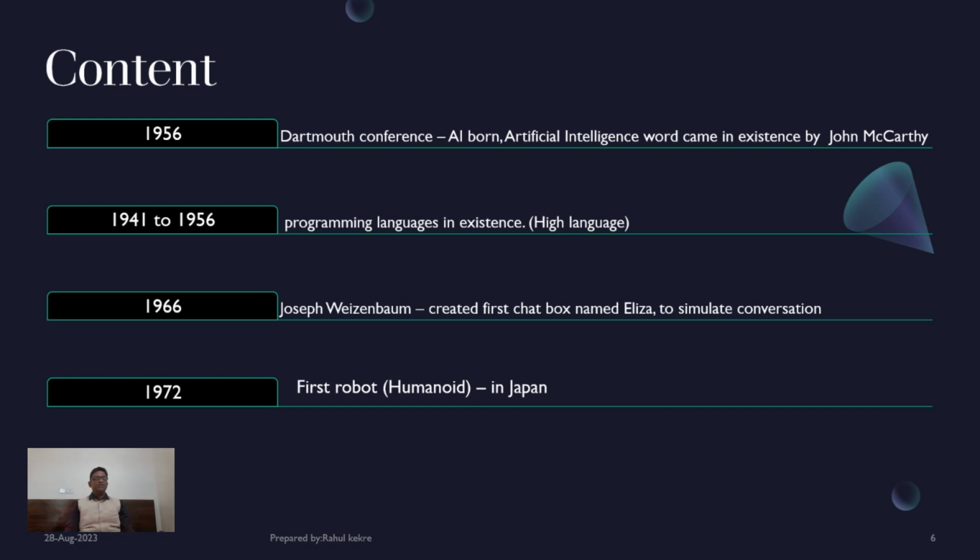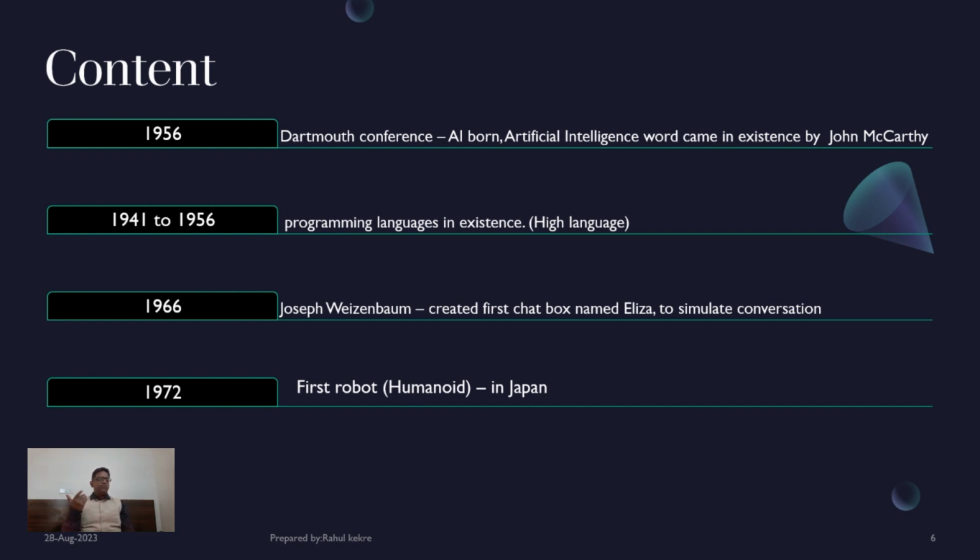I'm sorry for the pronunciation, but any principle or concept on which we are working, or any product or object, must be given a meaningful name. It's very important to follow the naming convention, and that's how the term artificial intelligence came into existence for all the efforts going on in the background by so many scientists. So 1956 is a very important year for artificial intelligence.